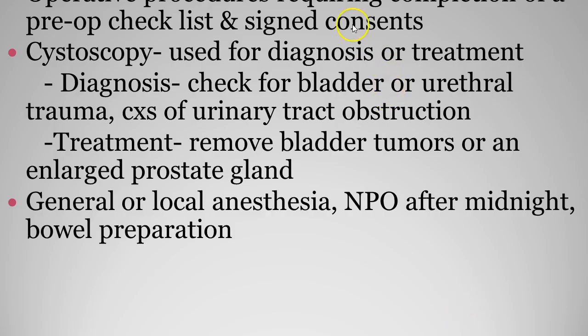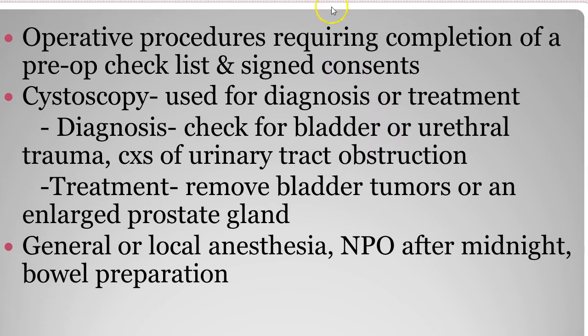All right. Now we're back. Let me move this up a little bit so you can see the slide better. Now we're talking about the cystoscopy and a cystourethroscopy. Cysto has to do with the bladder, okay? We make sure that the patient has been given a proper explanation of the procedure.